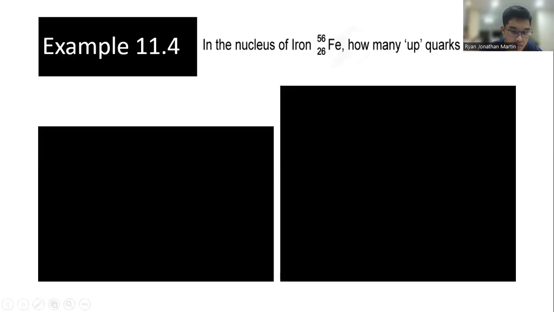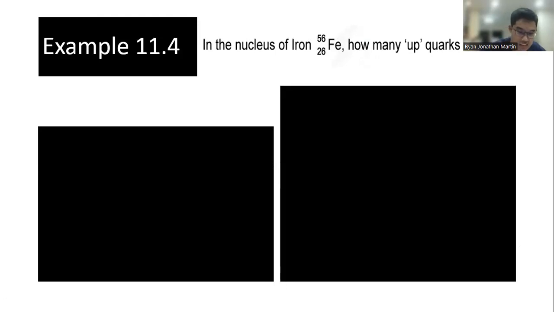Okay, try this one. This is a partial question. In the nucleus of iron, how many up quarks are there? No choice. So for the question you have to calculate for each of them.